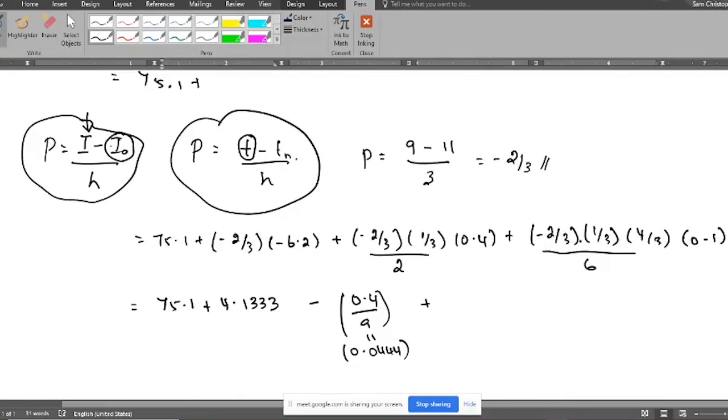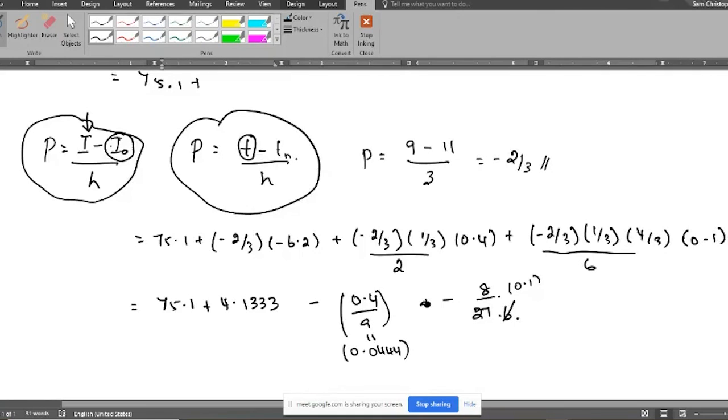Then again, you have to do this, and since minus is there, you have to use minus. So 2 into 4, 8, 8 by 27, 8 by 27 into 6 into 0.1.